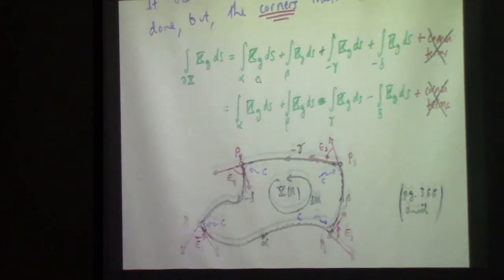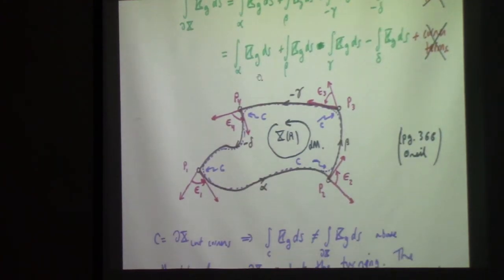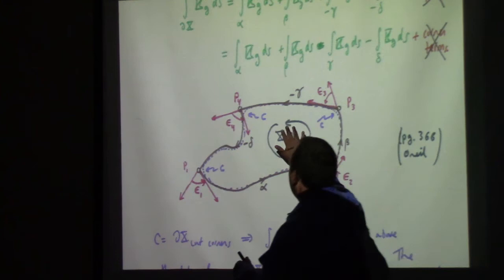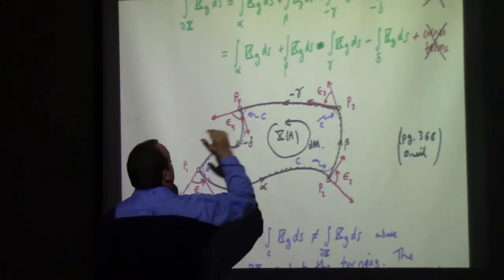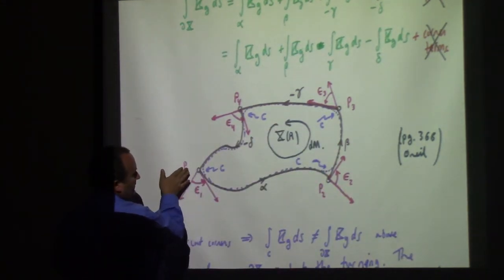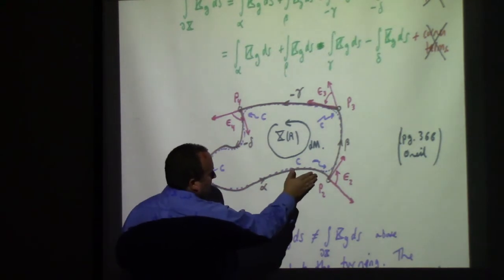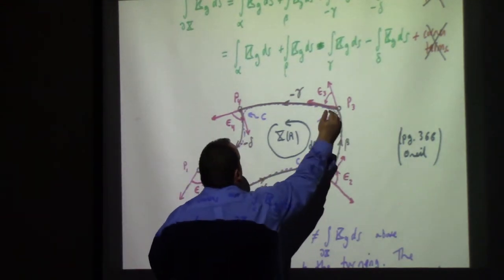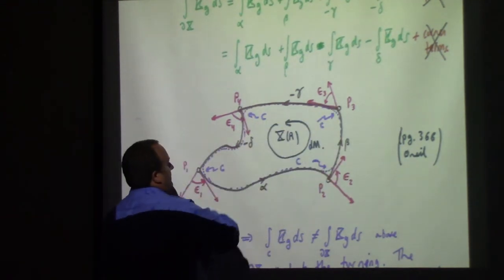Here is an attempt at a picture of what's going on. So we have x of r, that's what we're integrating over the boundary of. And so we have this integral over alpha, and then beta, and then minus gamma, and then minus delta.